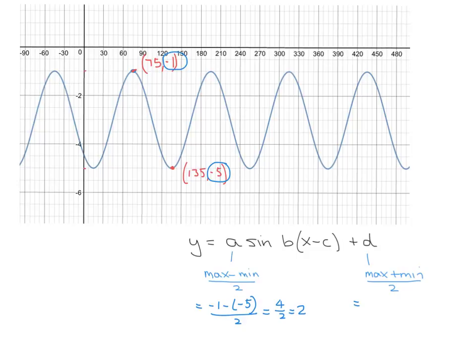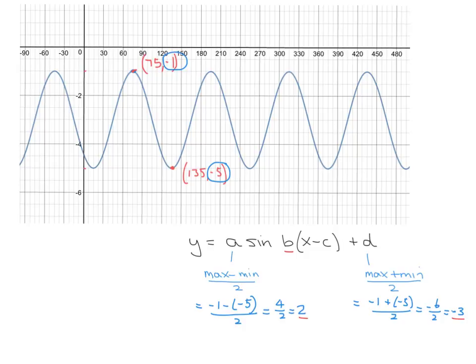Over here, the d value is going to be negative 1, the max, plus the minimum, negative 5 over 2, which is negative 6 over 2, which is negative 3. So we've worked out values for A and D, and we'll come back to D in a minute, but A is the amplitude, perfect.